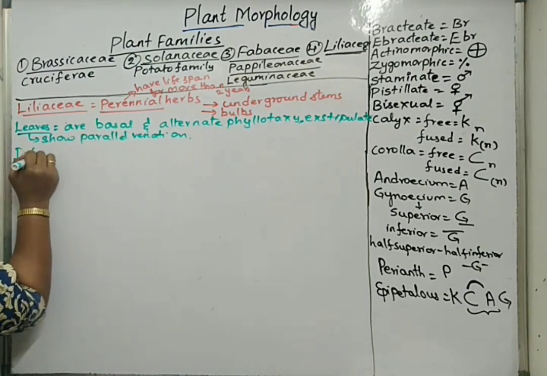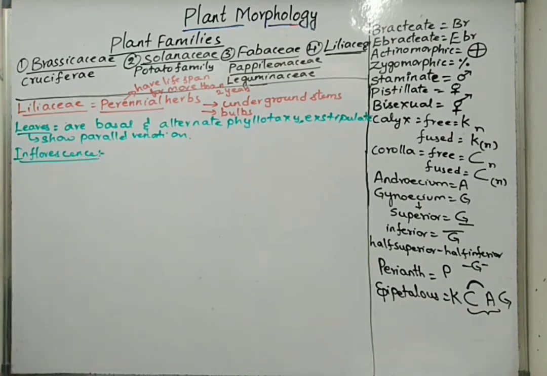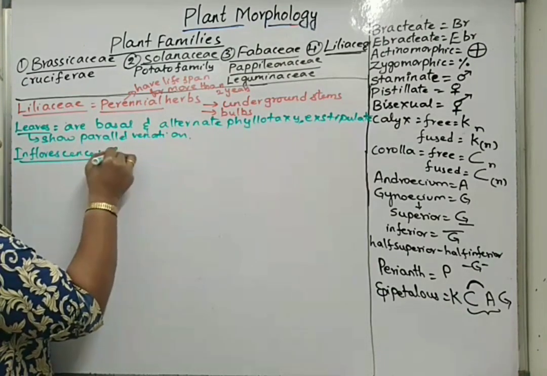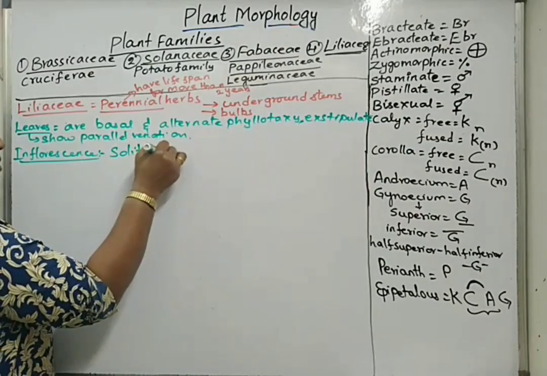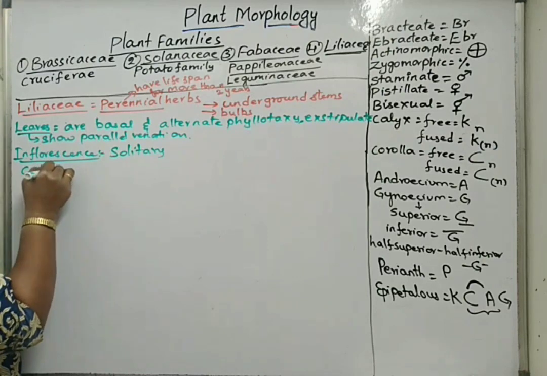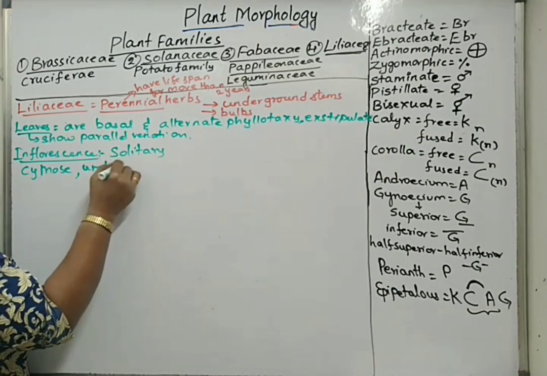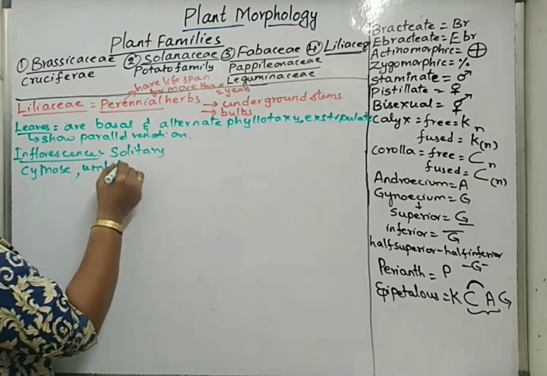Coming to flowers or inflorescence. Flowers are solitary, meaning a single flower grows at one place, and they show cymose type of inflorescence, and also some Liliaceae members show umbel type of inflorescence.